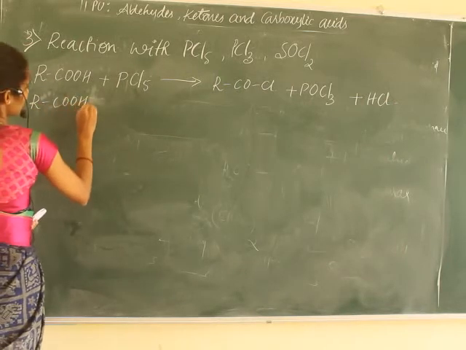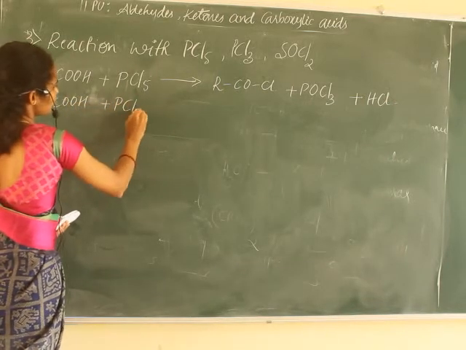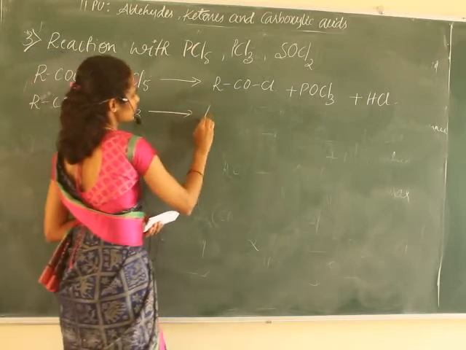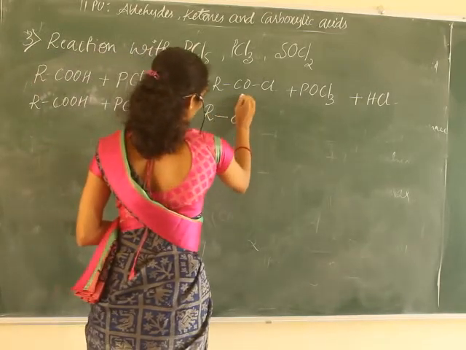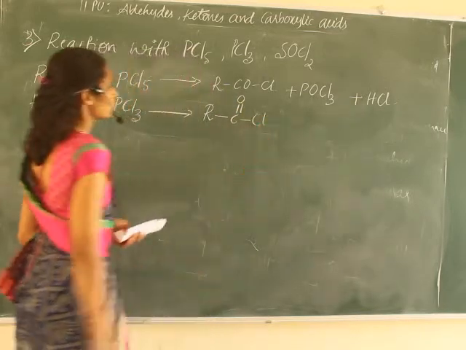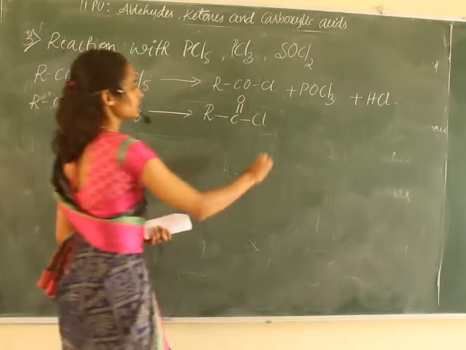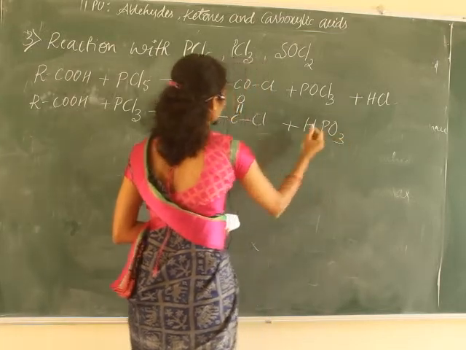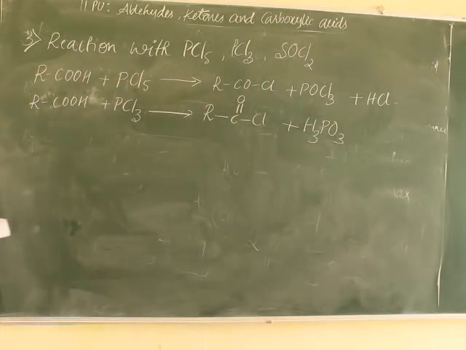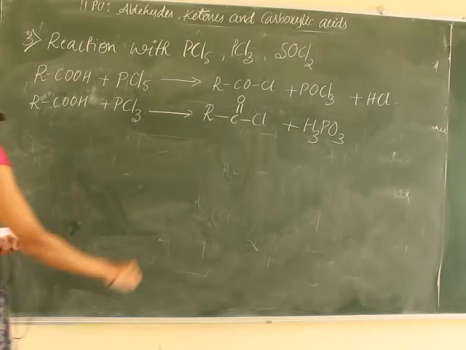Second one, RCOOH on reaction with phosphorus trichloride gives RCOCl, that is acid chloride, and one more product is H3PO3, that is phosphorus acid.